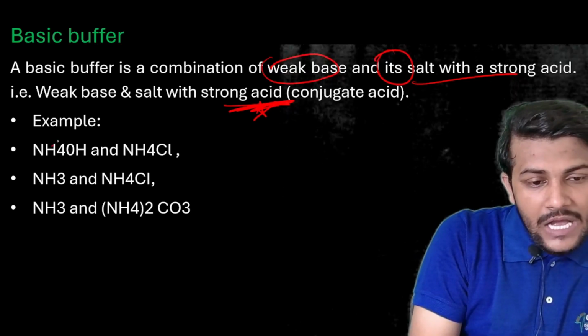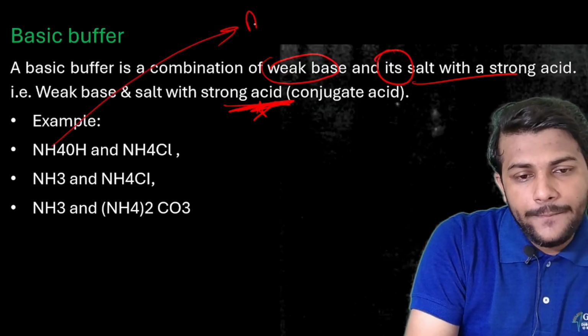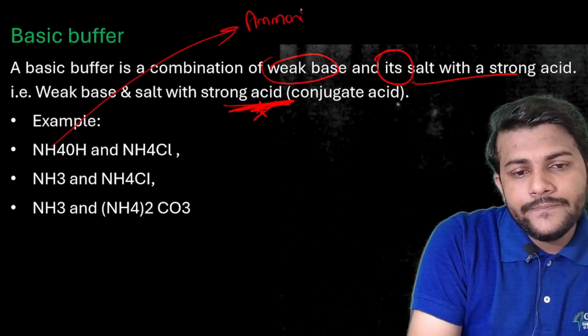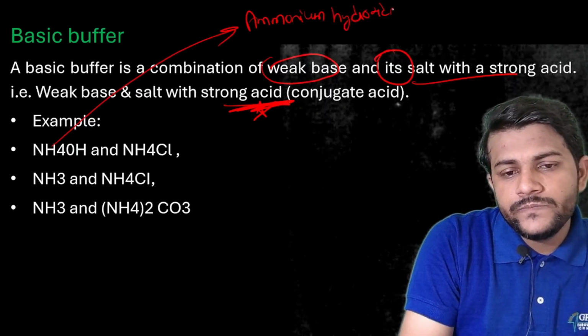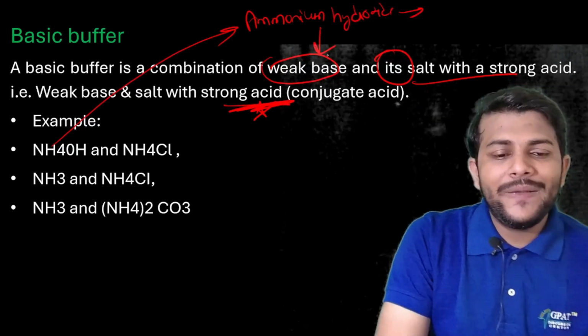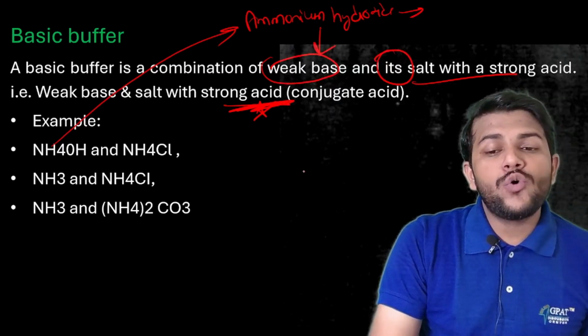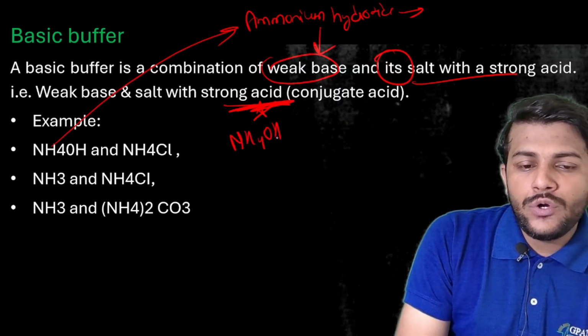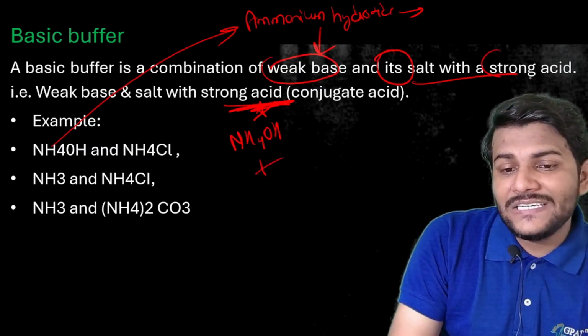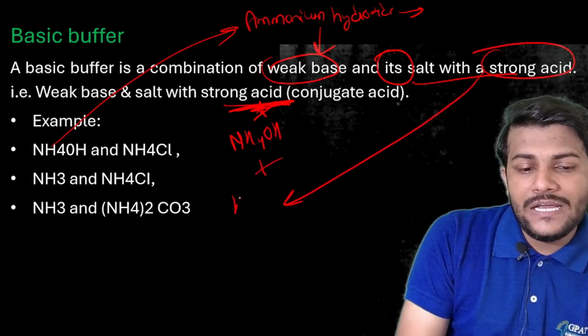For example, ammonium hydroxide, that is your weak base, and its salt with a strong acid. NH4OH and a strong acid, strong acid means HCl.